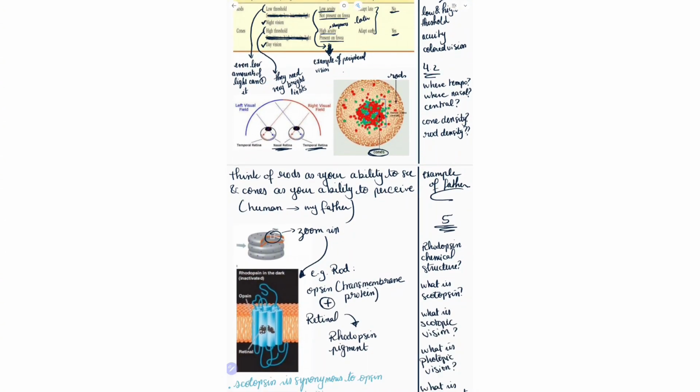Now, I want you to look at these. This is the temporal retina, the nasal retina, and we have a central retina for the visual fields. So where are the cones most dense on the retina? Of course, in the center. And on the peripheries, these white ones are the rods. And this makes sense because, for example, for peripheral vision, you are sitting right now at your desk and your laptop is on your left.